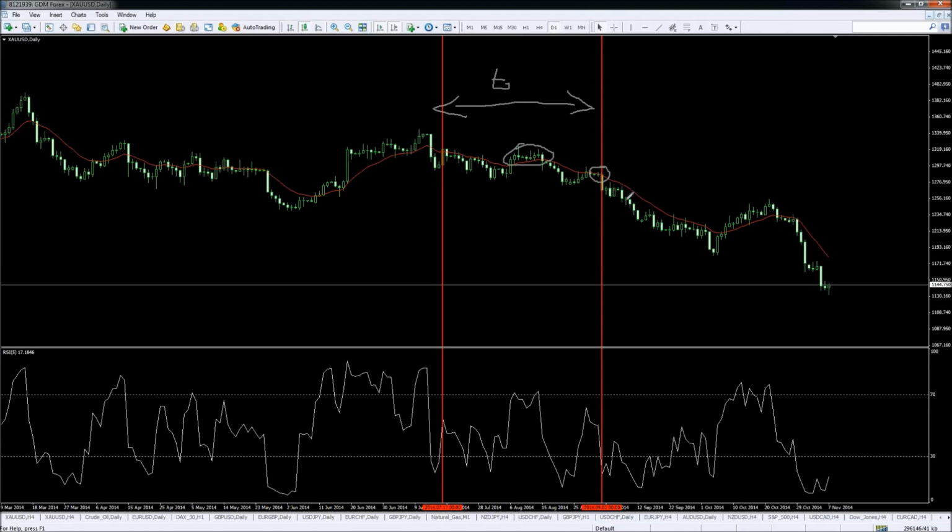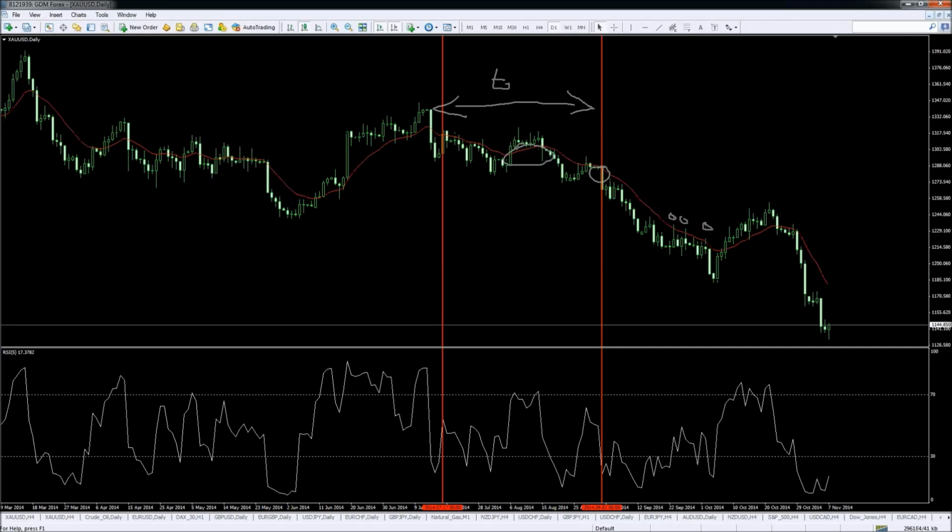From over here, the price makes progress, breaks below, stays below the 14 exponential, giving us multiple opportunities to enter the market. Now remember, when we're talking about daily charts, you will very often see that the distance between here and here is 10, 20, 30, $40 probably.